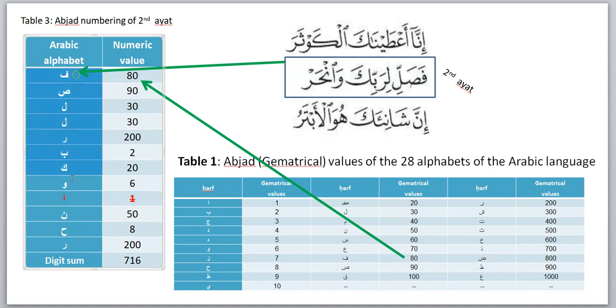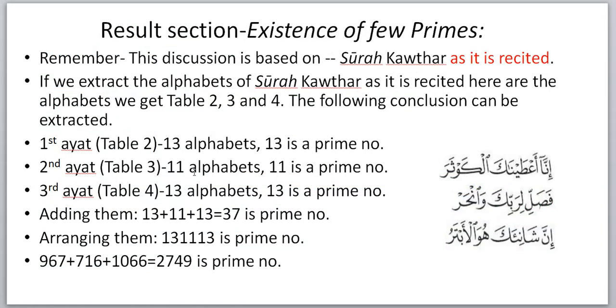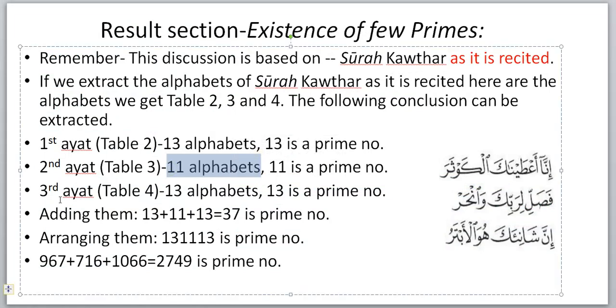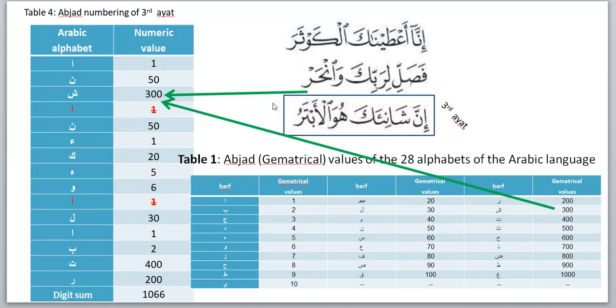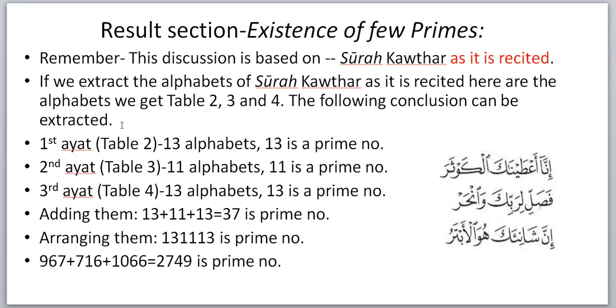So 12 minus 1 will make 11. So this value will be 11 alphabets. For the third ayat, we have the same case: a total of 15 alphabets, but we will subtract these two in this case, and it will be 13.